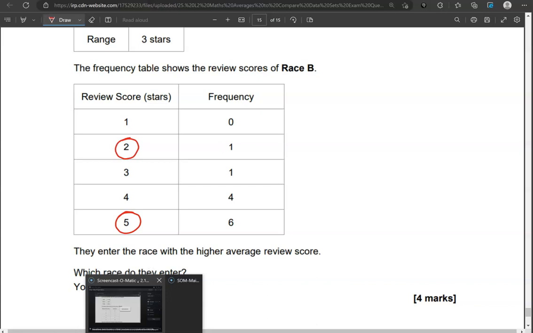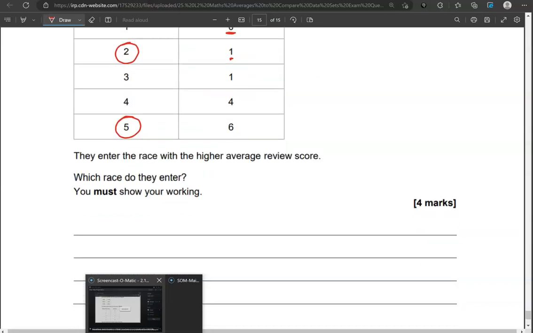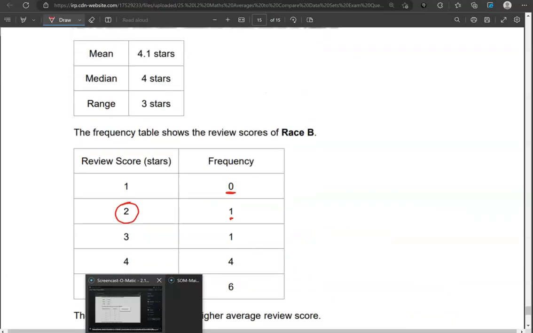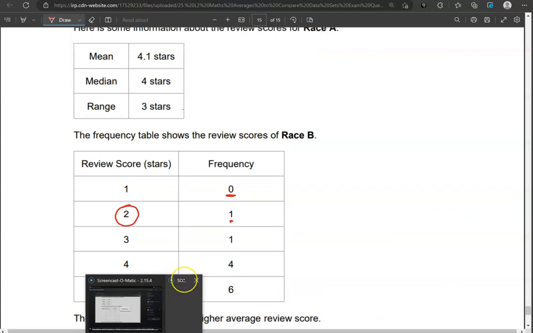Why not 1? Because frequency tells us that there are 0 of them for race B. So that's why the lowest is 2. So 5 take away 2 gives us 3. So that's the range for race B, which is the same as for race A.